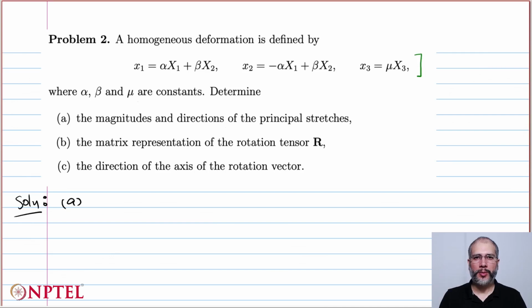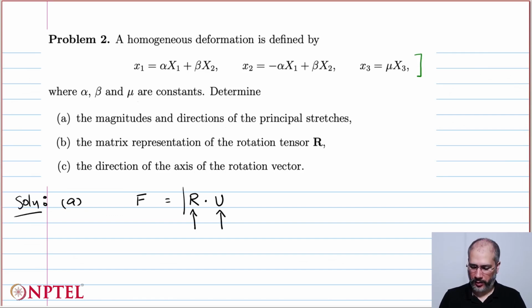So in polar decomposition, we mentioned that the deformation gradient tensor F is decomposed into a product of a rotation tensor, which is an orthogonal tensor, and a symmetric tensor, which is called the symmetric stretch.